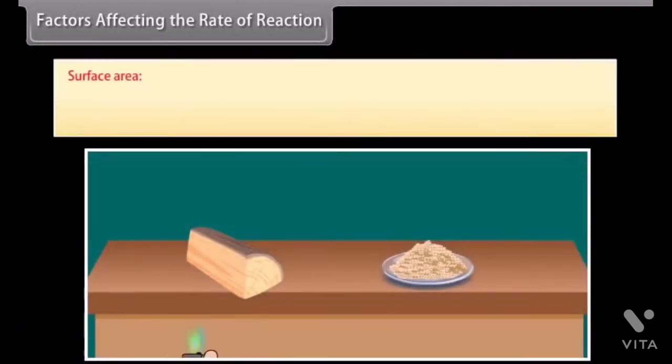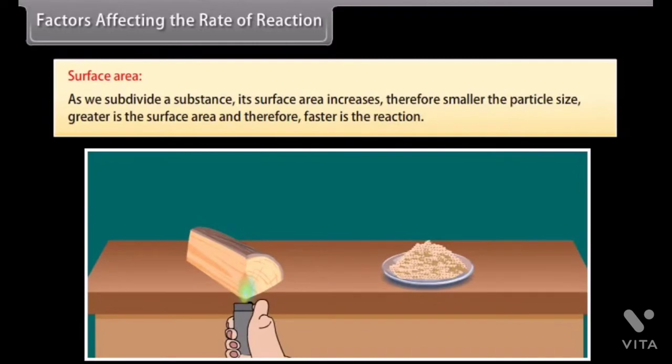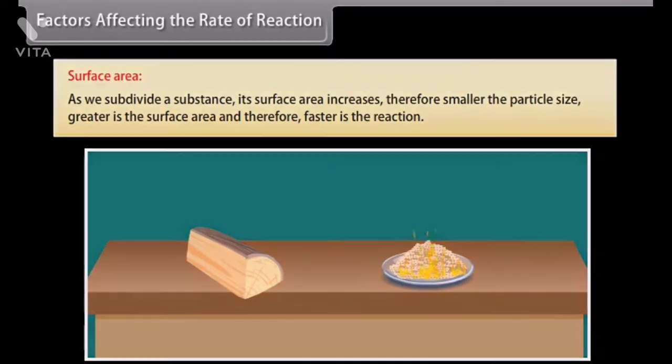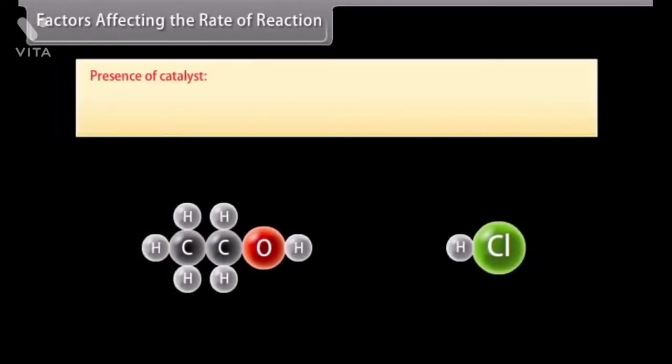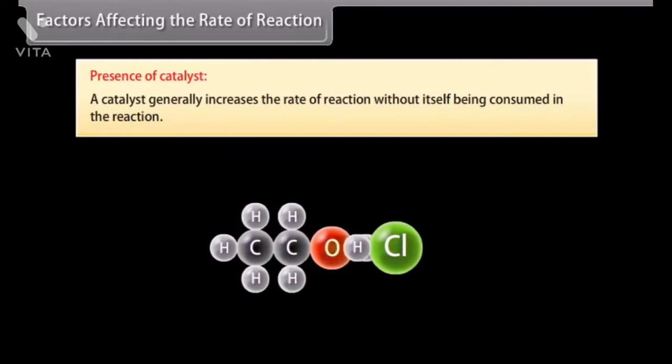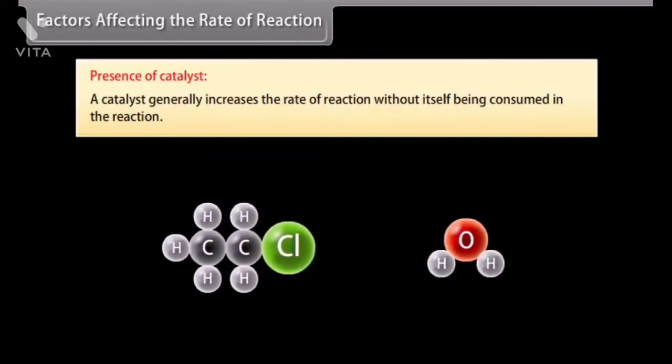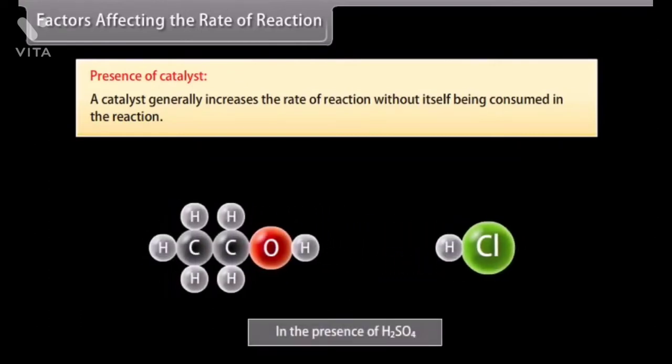Surface area. As we subdivide a substance, its surface area increases. Therefore, the smaller the particle size, the greater is the surface area, and therefore the faster is the reaction. Presence of a catalyst. A catalyst generally increases the rate of a reaction without itself being consumed in the reaction.